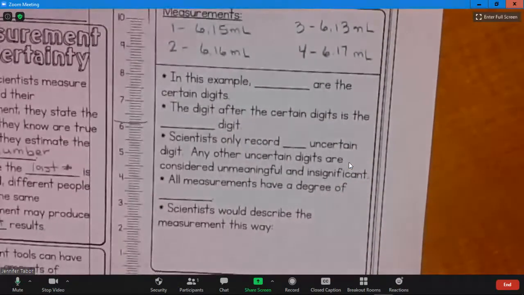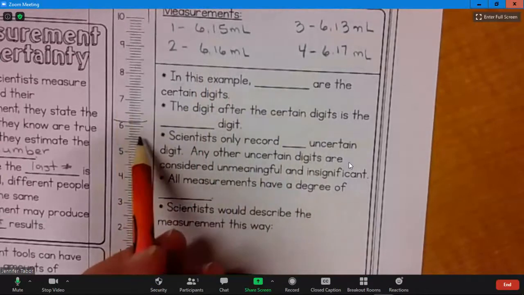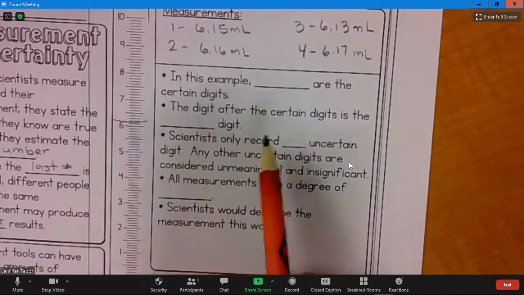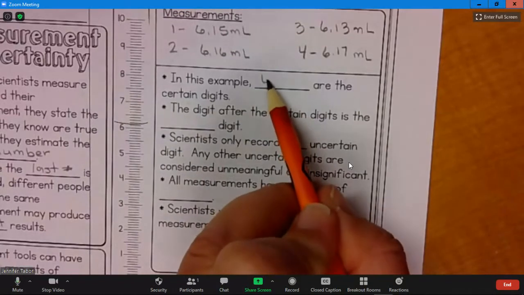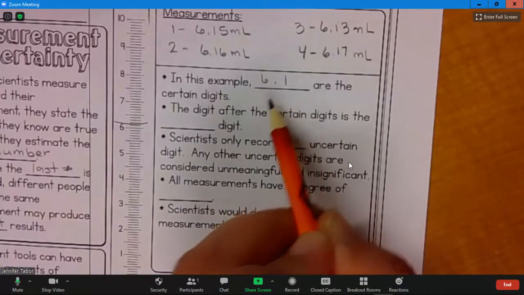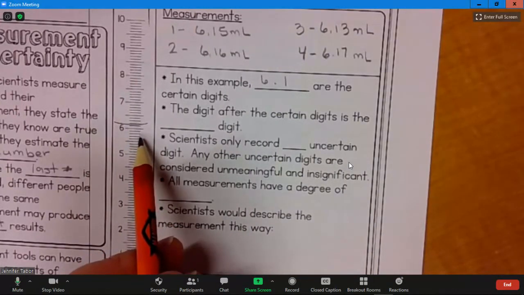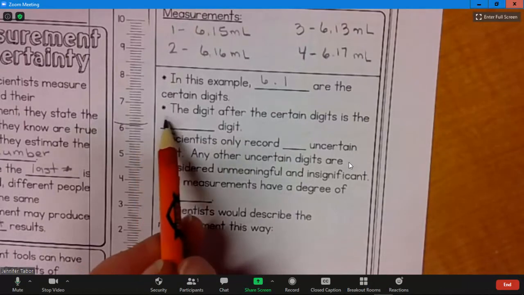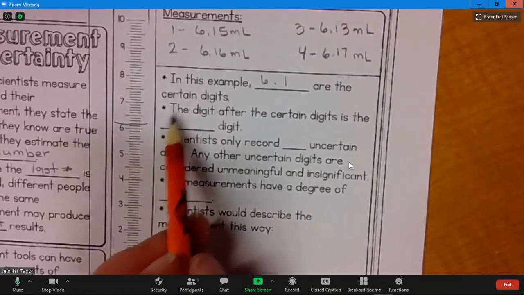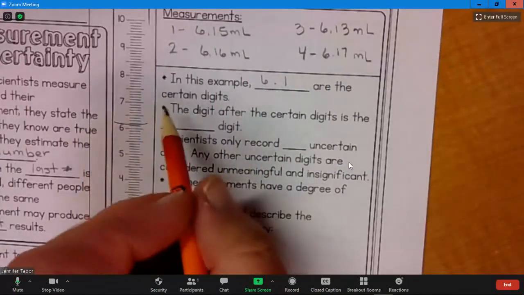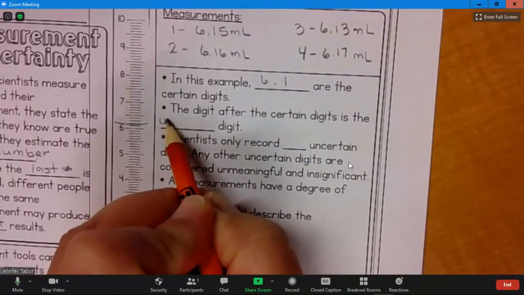Okay, this example here of these measurements, and I think they're coming, let's say, from this graduated cylinder right here, right? The 6 and the 1 are the certain digits. They came from looking at the marks right here, 6.1, and it's a little bit higher than 6.1, right? The digit after the 6 and the 1, so the 5, the 6, the 3, and the 7, that is the estimated digit, or sometimes let's call it the uncertain digit.